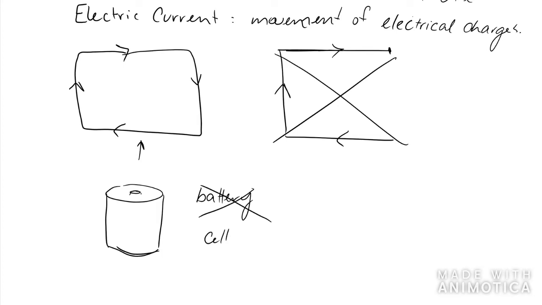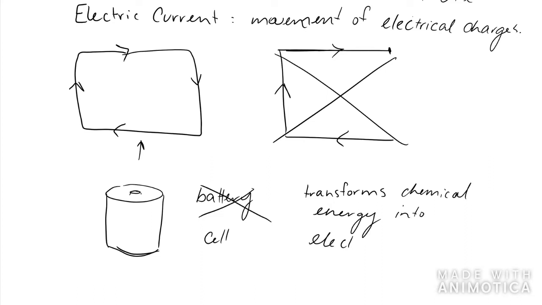An electrochemical cell is something that transforms chemical energy into electrical energy. So one of these is a cell.